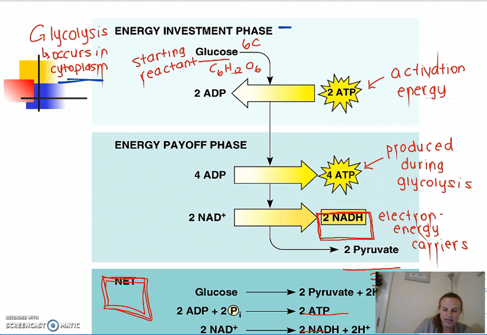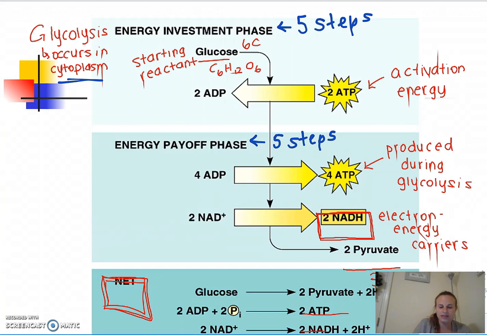The first phase is the energy investment phase, and that involves 5 steps. This energy payoff also involves 5 steps. But let's explore this energy investment phase first. So glucose, which is C6H12O6, is our starting reactant. It's a 6-carbon sugar.